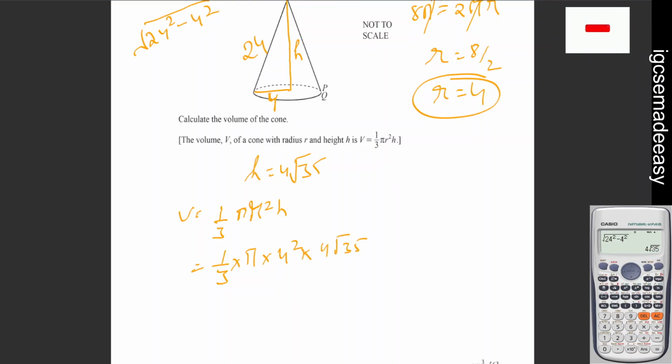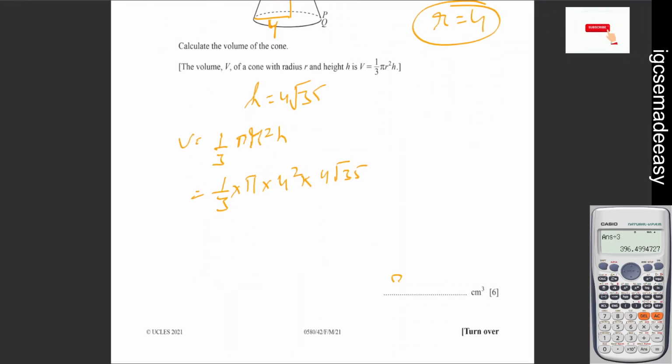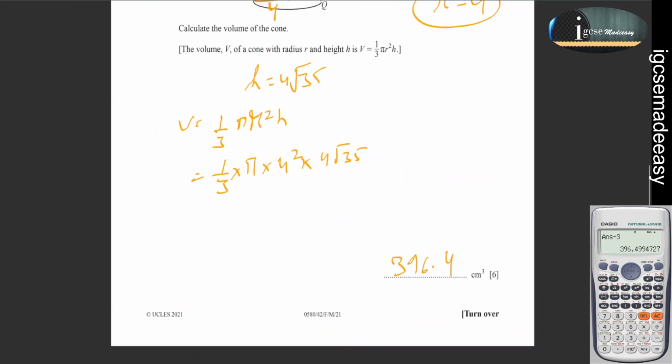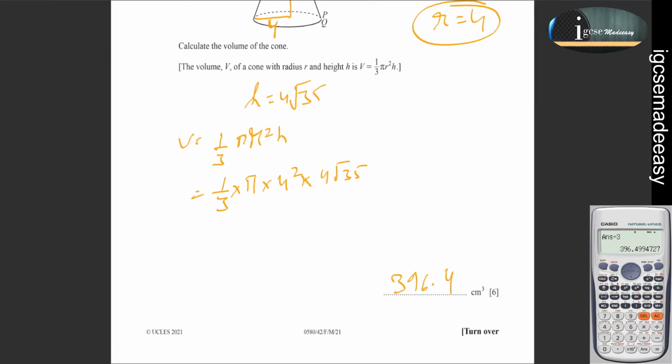We can use a calculator: 4 root 35 times 4 square times pi, and then divide that answer by 3, so we'll get 396.4. We can write 396.4, or 396.5 also. So I hope you understood this. Let's move on to the next part.